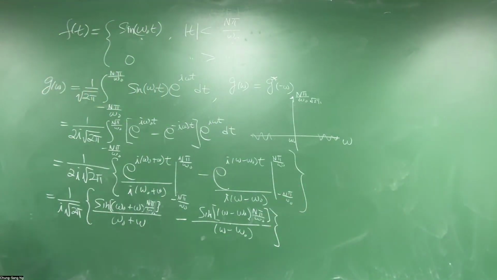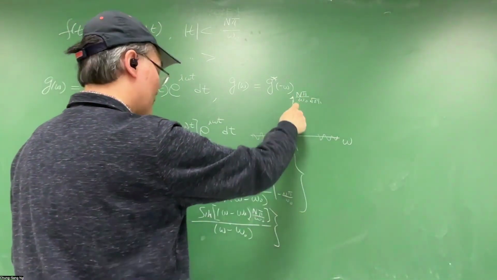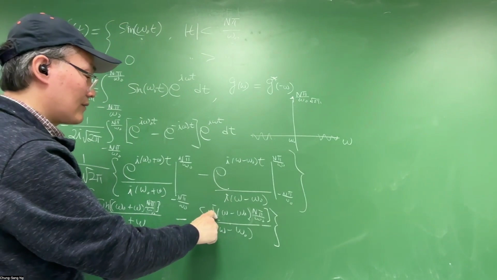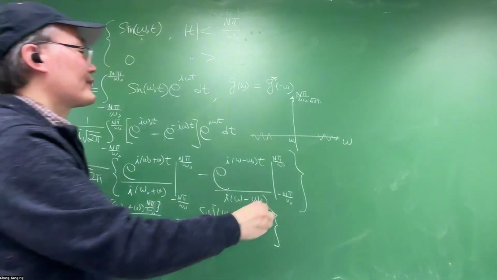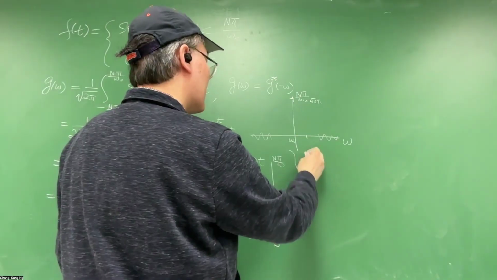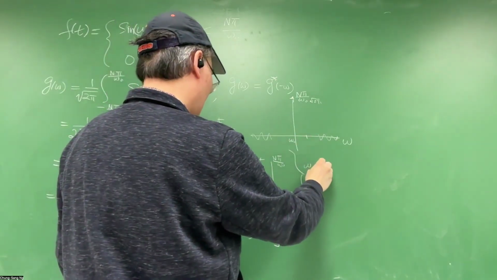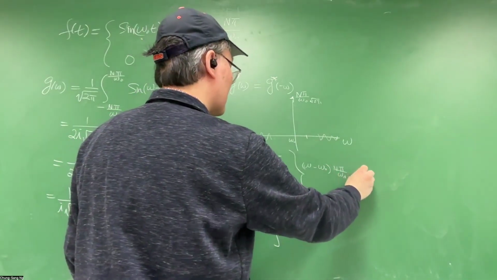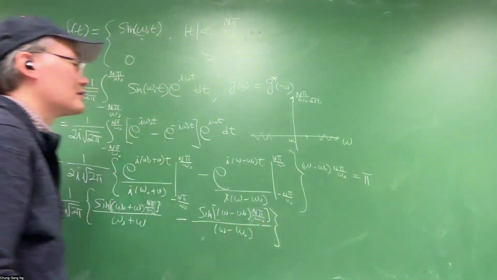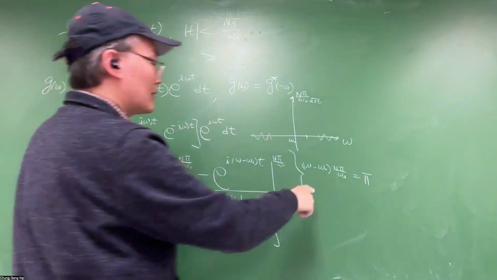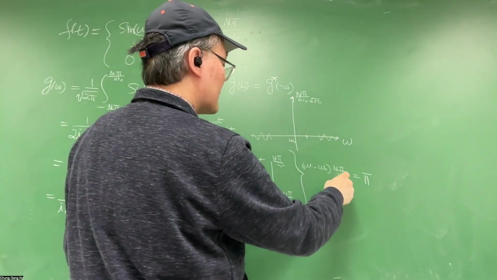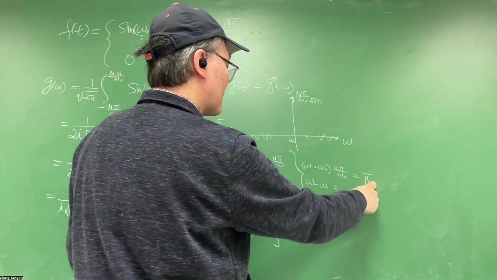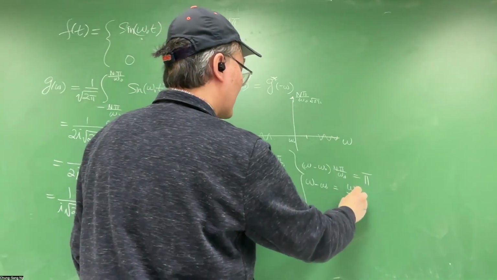Now the width of this is where this function hits 0. It hits 0 at the location where omega minus omega sub 0, times n pi over omega sub 0, equals pi. The first one is pi. In that case, omega minus omega sub 0 is omega sub 0 over n.